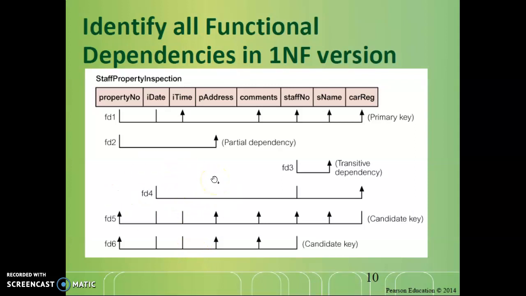See, name is also transitively dependent on staff number, represented as FD3. See the FD3. See here, transitive dependency. So we identified a transitive dependency in functional dependency 3.